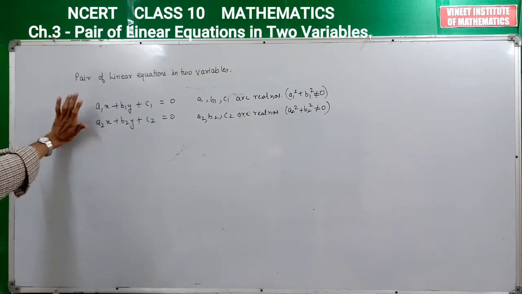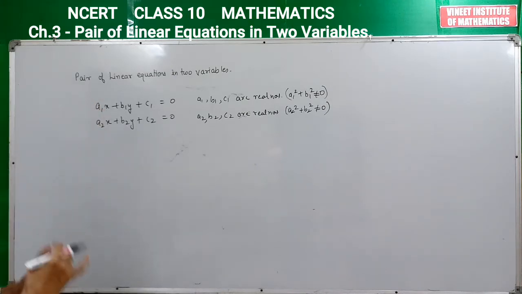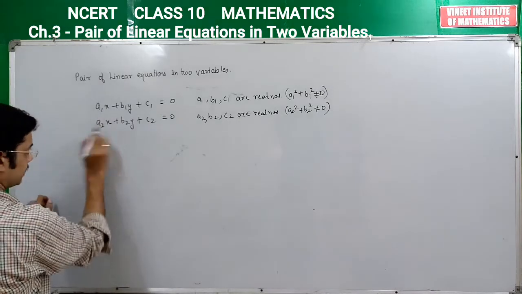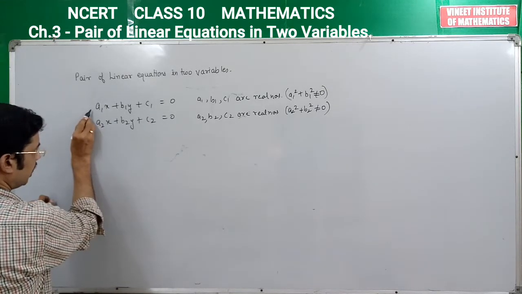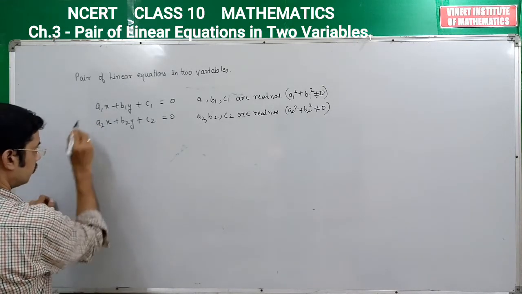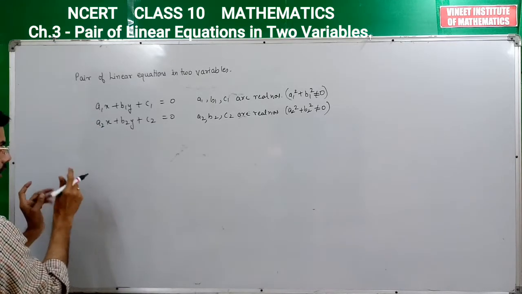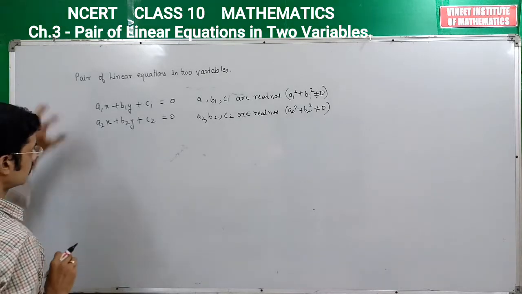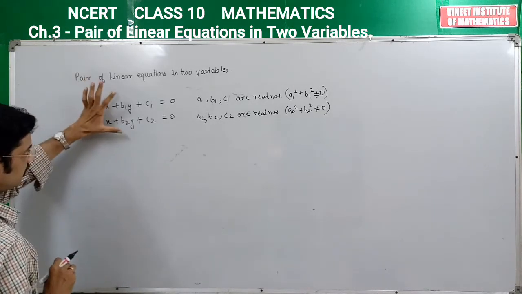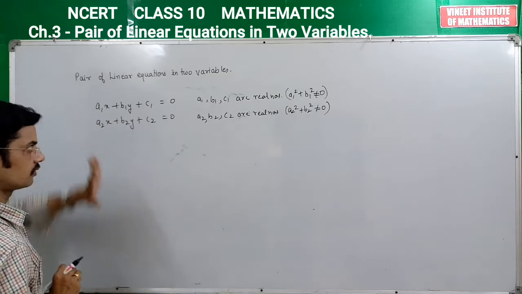Now when we compare the coefficients, we can take the ratios of their corresponding coefficients. The coefficients of x are a1 and a2. So we take the ratios of the coefficients, that is a1 by a2, then b1 by b2, then c1 by c2.